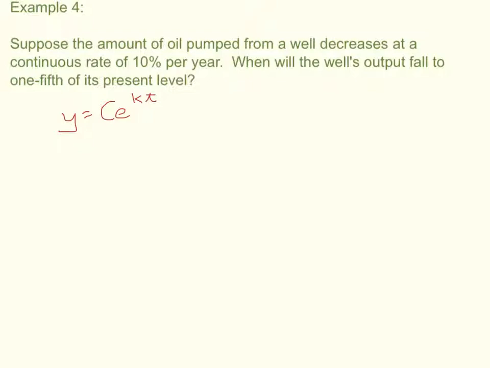We know that the rate is decreasing at 10%. So 10% would be 0.1, but we got to be careful because it's decreasing, so that would make it be negative. We want to know when the output will fall to 1/5 of its present level. Okay, we don't know the initial amount, so we don't know what 1/5 would be, but that doesn't really matter.